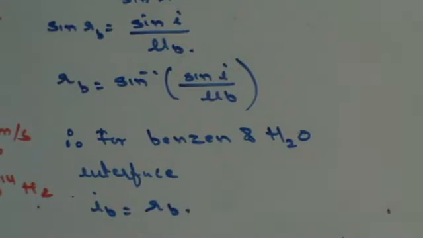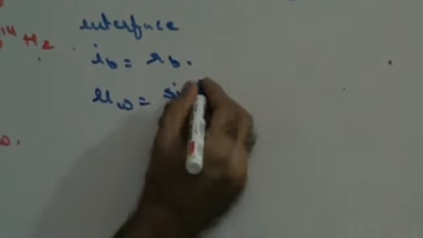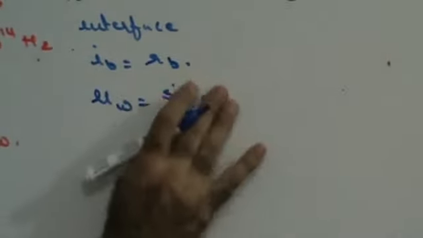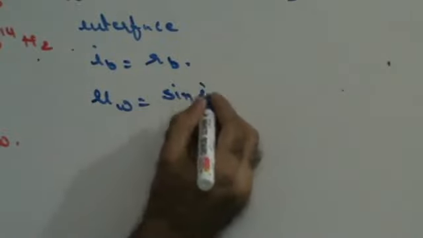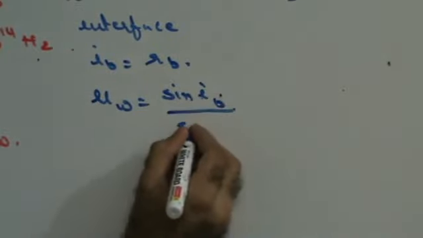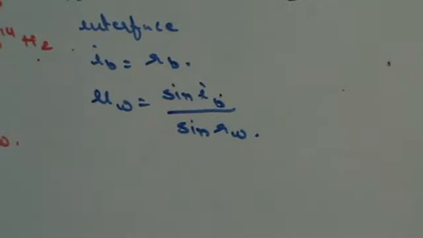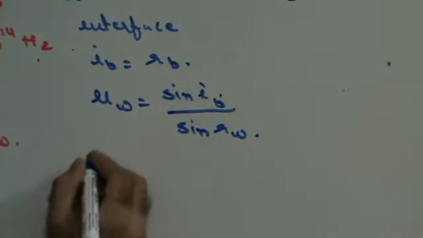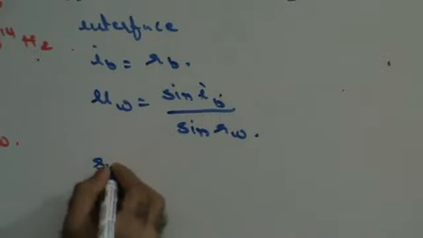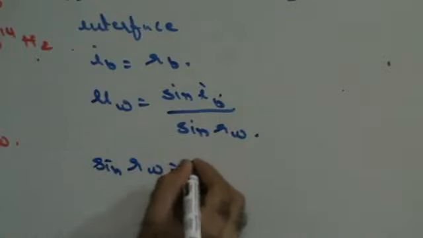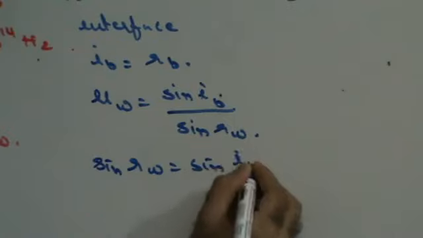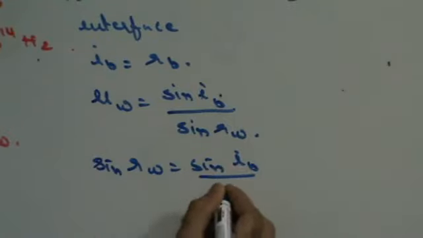Now in that case, once I know this, I can say that the refractive index of water is sin I, the angle of incidence in benzene, upon sin R, that is the angle of refraction in water, right? So in that case I can say that sin R is sin I upon the refractive index.